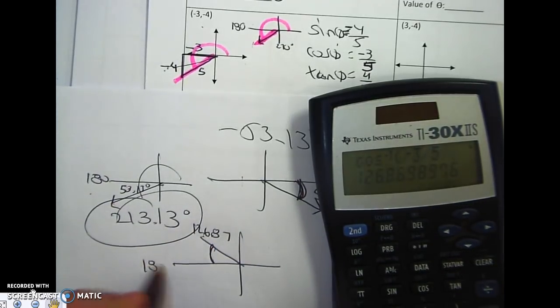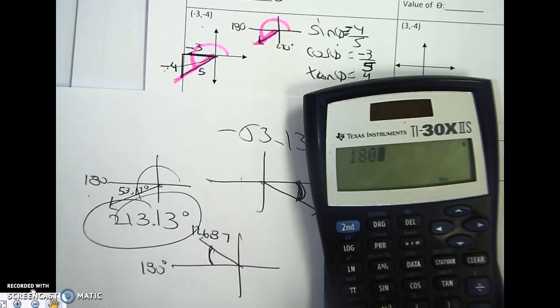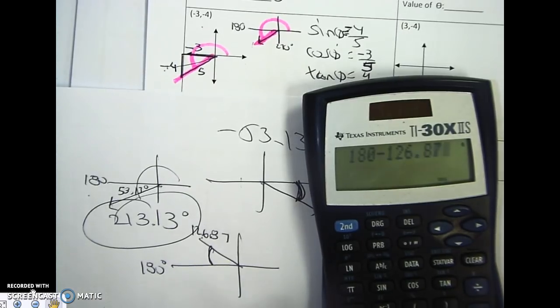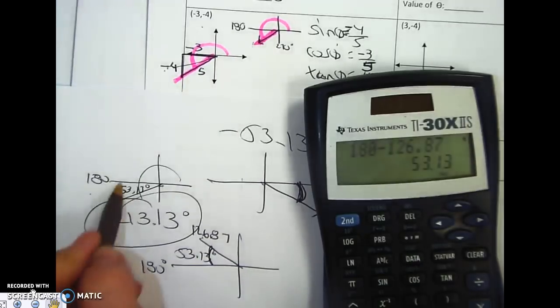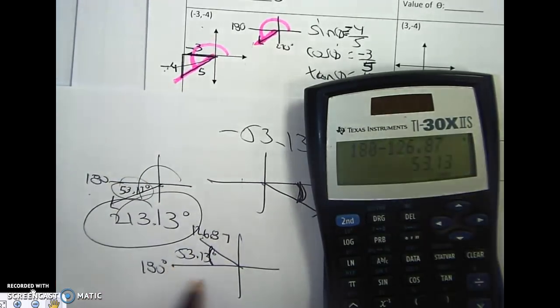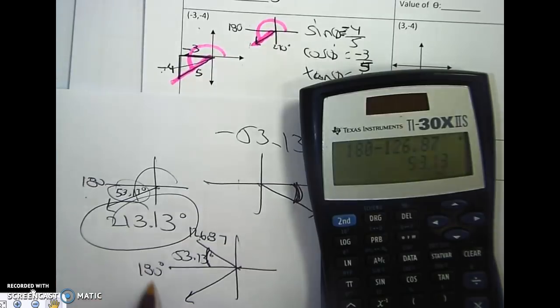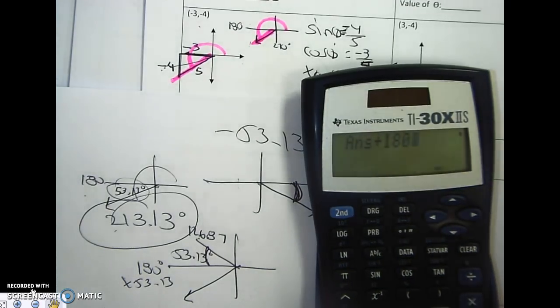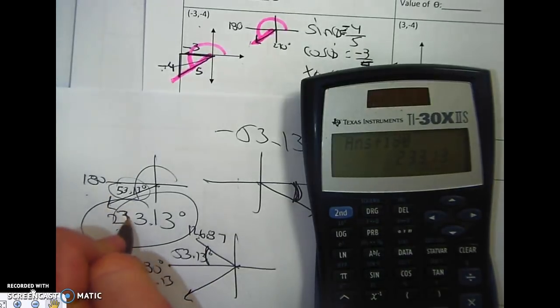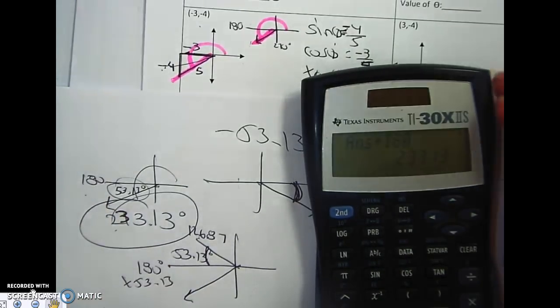So we would have to go 180 minus 126.87, and that would tell me the reference angle. And I would then add that, because it's actually in the third quadrant, I would go 180 plus 53.13, which gives me the 213.13. Okay? So plus 180, let's make sure I added that right. Oh, 233. I'm doing awesome. This is why we check.